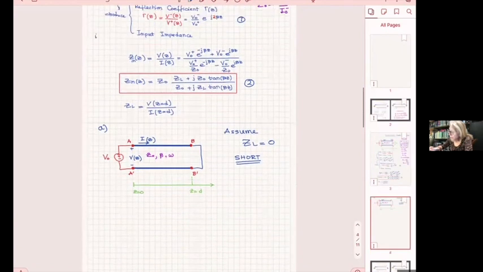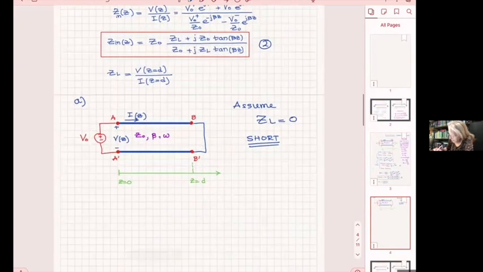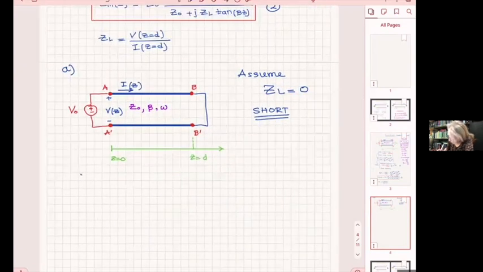So from 1, we have that the reflection coefficient at any point on the line will be V naught minus, I mean, it's gonna always be, maybe, let's go before there, before we write those. What are the conditions on a short? So conditions at load.